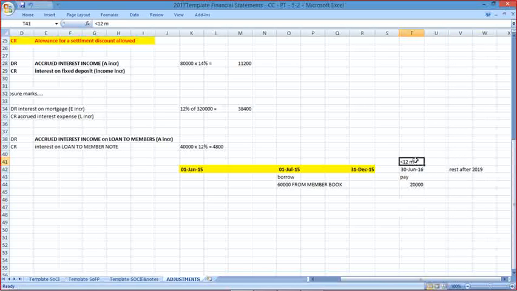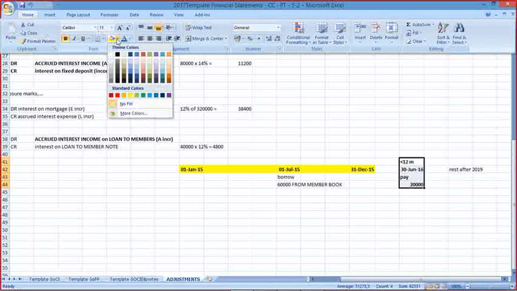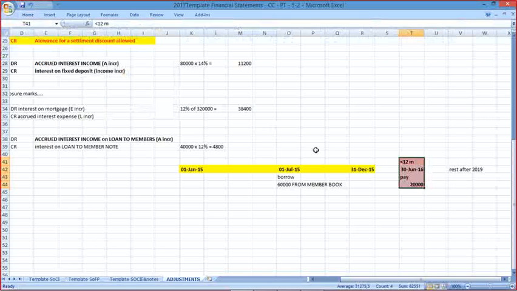No, it's within 12 months, because where are we? We're at the end of the year. So at year end, in the next 12 months I'm going to pay 20,000, long term or short term? Short term. And the rest after? Long term, after the 12 months.